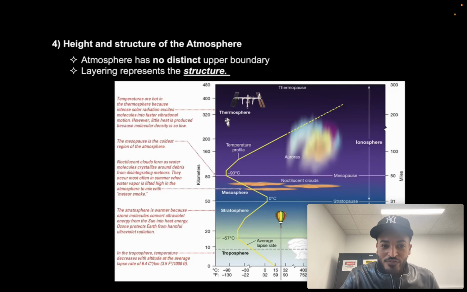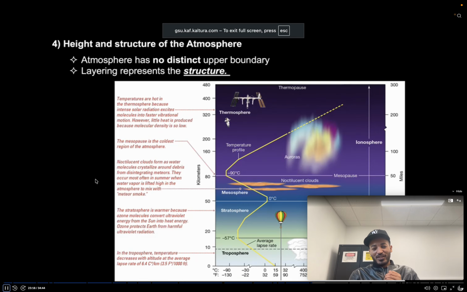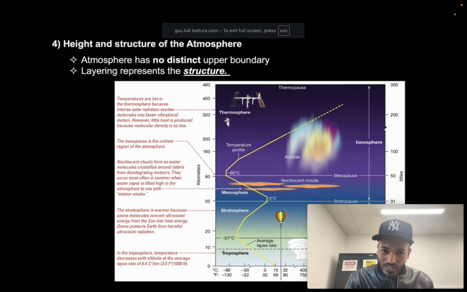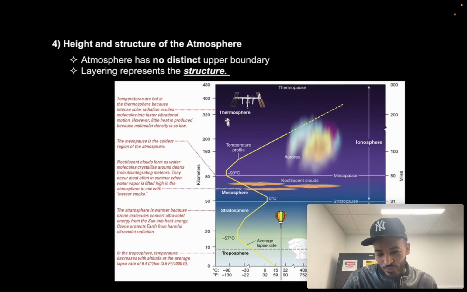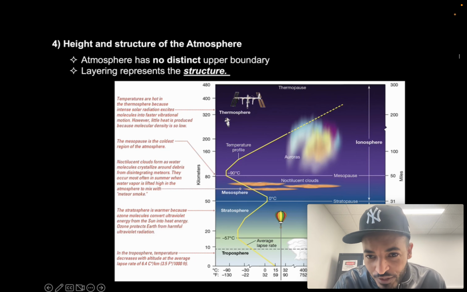Okay, now, like I said, it's very difficult to put an upper boundary on the atmosphere. So to say, the atmosphere has no distinct upper boundary. But there are very important divisions within the atmosphere, right? So here is a very important figure.